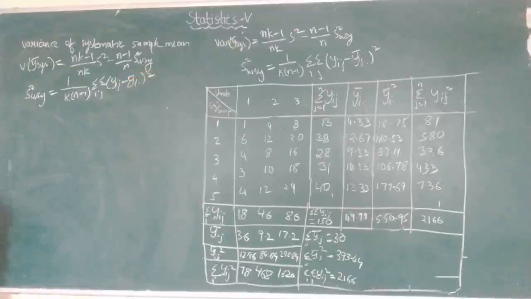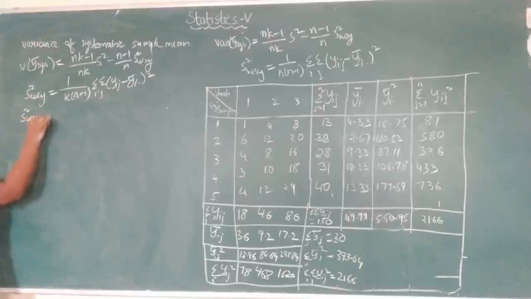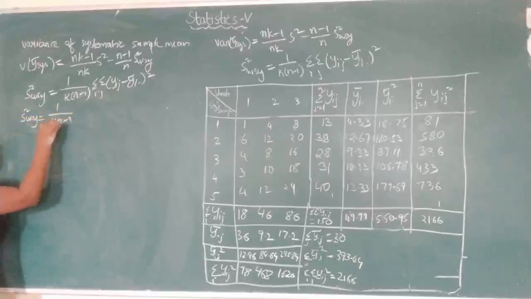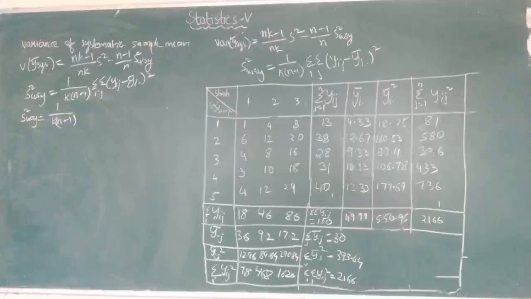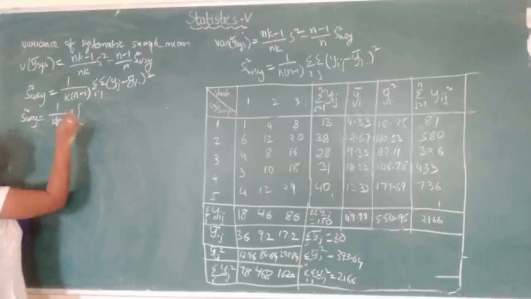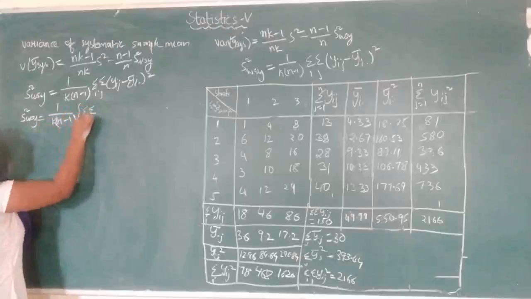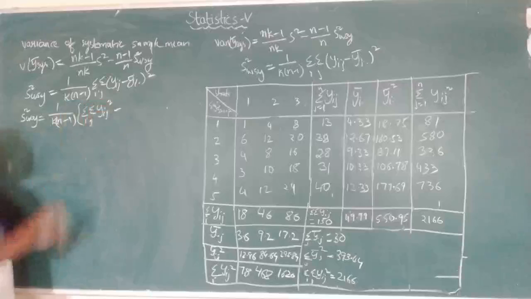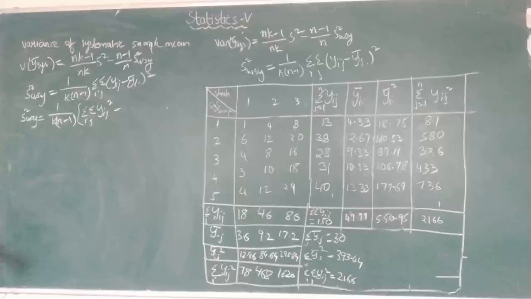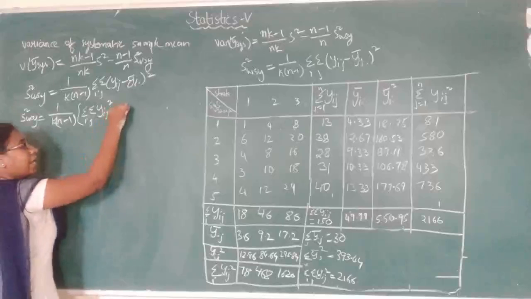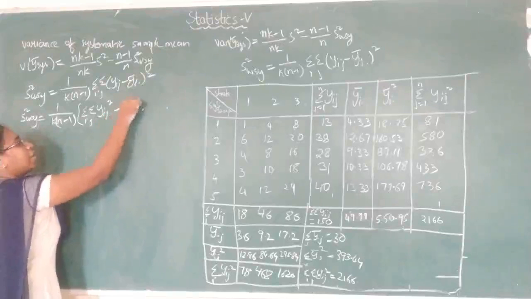Now if you simplify this one, you will be getting S square wsy equal to 1 by k into n minus 1, double summation over i and j of y ij square minus, in S square wst what did we use? We used k into y dot j bar square.